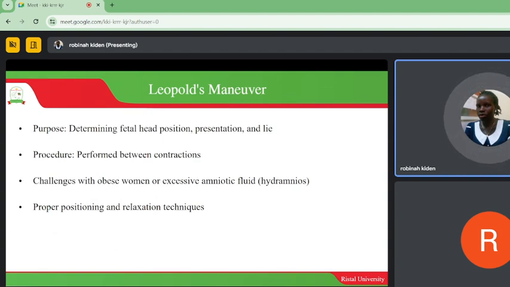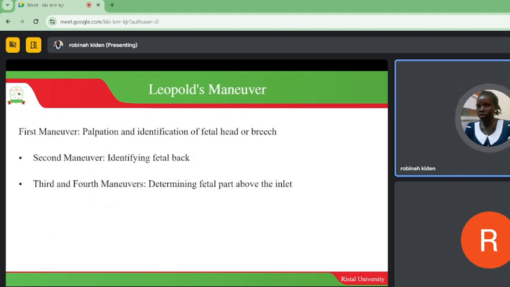And also the same if the fluid is too much, which is known as hydramnios, it can make feeling the fetal parts very impossible. Proper positioning and relaxation techniques are very, very important when carrying out this maneuver.